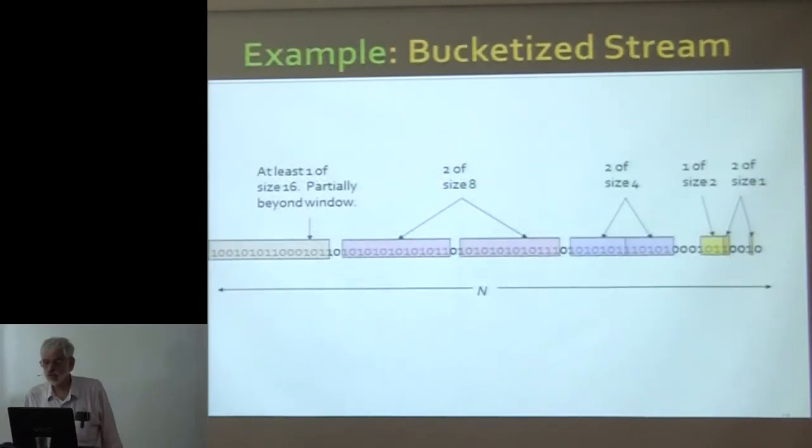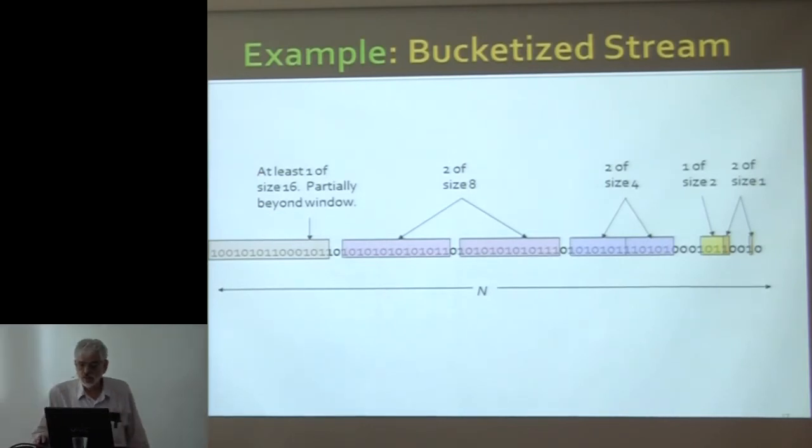Okay, so here's a stream. Things are a little bit off because PowerPoint has a discrete grid that you don't normally notice. This is the most recent bit, time 0, and this is going back in time. We have two buckets of size 1. The first one is this one, the second one is that one. Then we have 1 bucket of size 2, which consists of this 101 here.